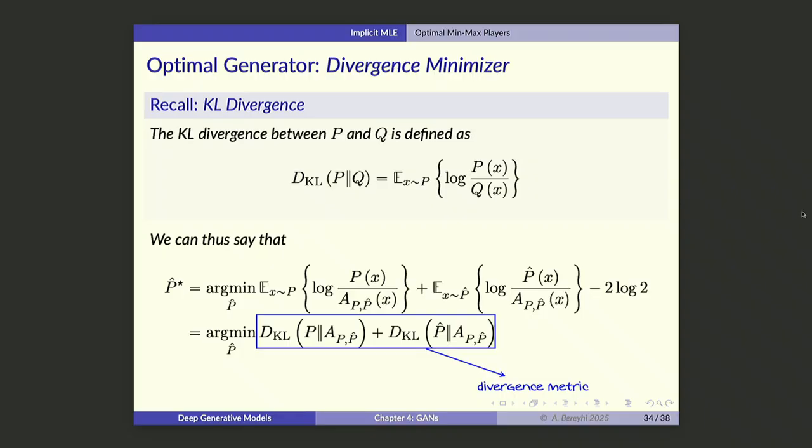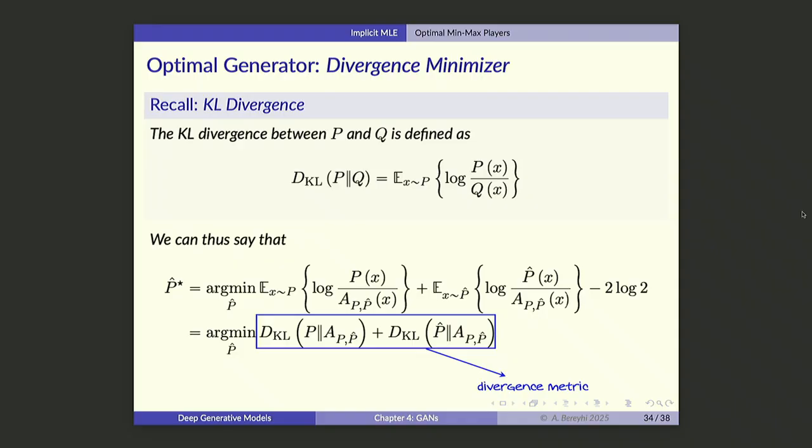Jensen-Shannon divergence is this guy, okay? Which is not anything different from KL divergence, right? It's essentially a symmetrized form of KL divergence. Because with KL divergence, if you swap P and Q, the value is going to change, right? But here, if I replace P hat with P, it's still going to be the same thing.